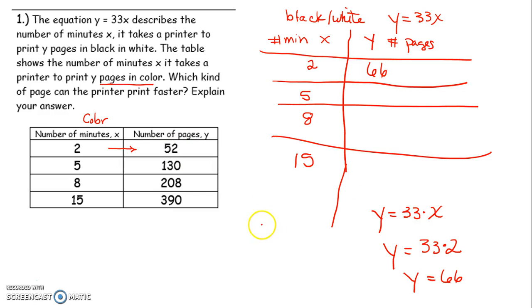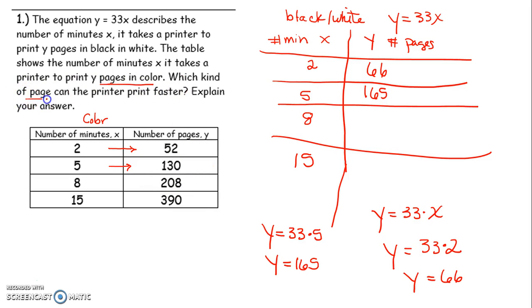I'll do it for 5 minutes also. y equals 33 times 5 for our black and white. I'm going to grab a calculator to make my life easier. So 33 times 5 is 165. So after 5 minutes, you can get 165 black and white pages. After 5 minutes of the colored printer, you only get 130 pages.